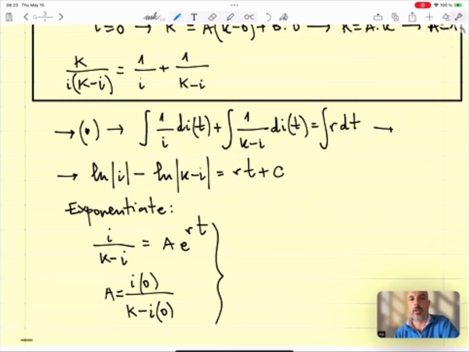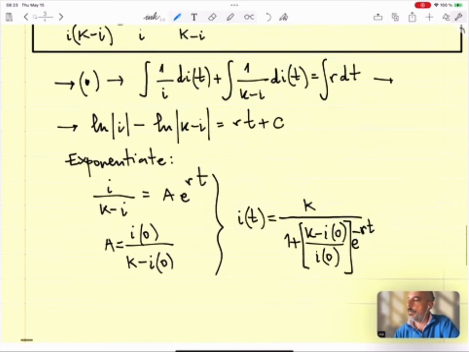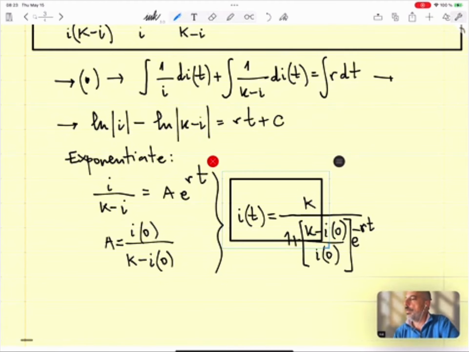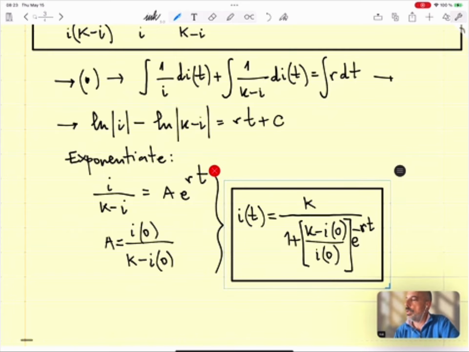So if we put that together, the final equation is I(t) equals k divided by (1 plus ((k minus I0) divided by I0) times e to the minus rt). Okay, so this is the way the infected people will be distributed over time.